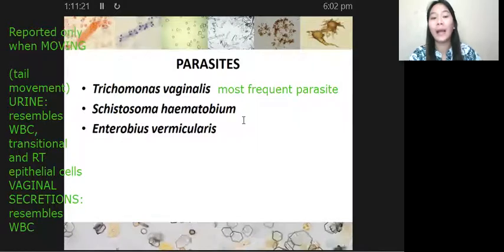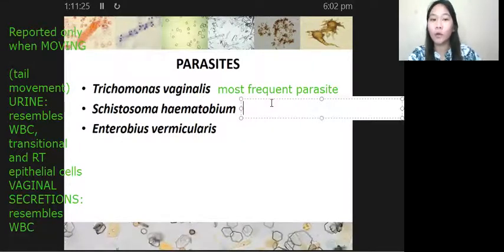Okay? So, another parasite that we can see under the microscope in your urine sample is your Schistosoma hematobium. And take note that particularly yung eggs po ang pinag-uusapan natin. Yung eggs ng Schistosoma hematobium, okay?